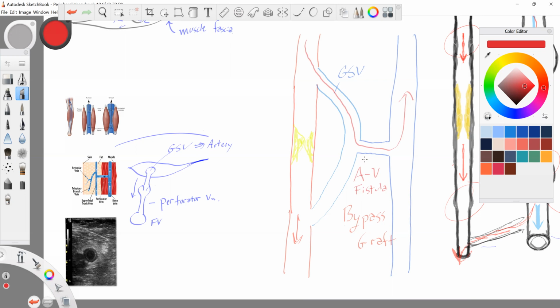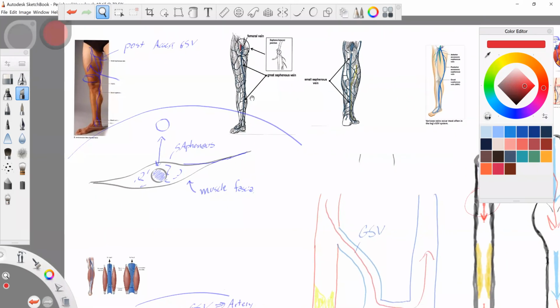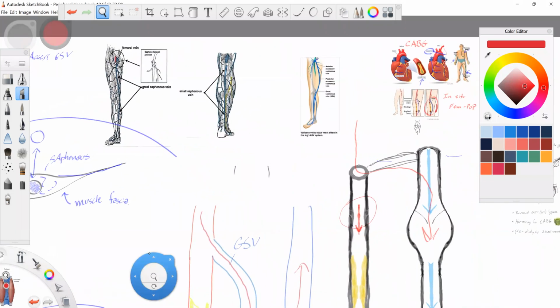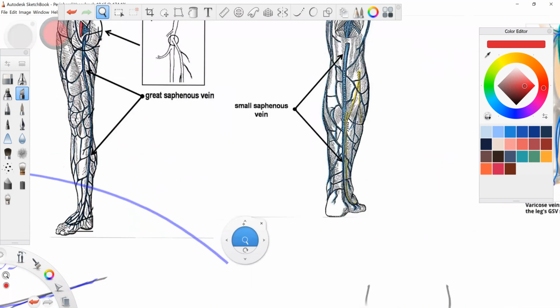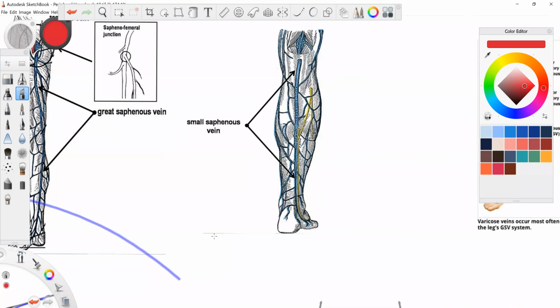Small saphenous vein. The location of the small saphenous vein is dead center. I actually got a couple of pictures on that. I think you guys know where the small saphenous vein is. Well, here's a picture anyway. Usually dead center, dead center back of the leg.